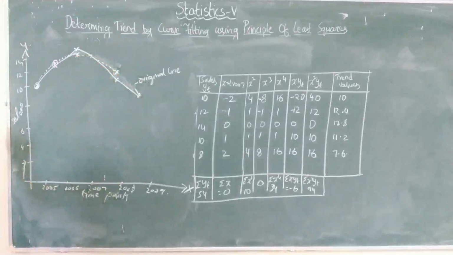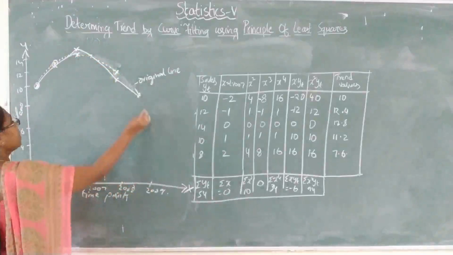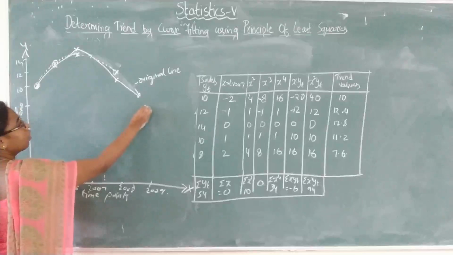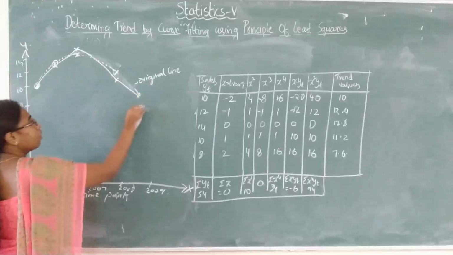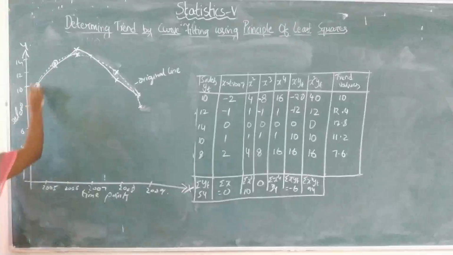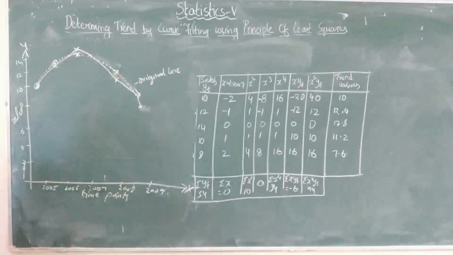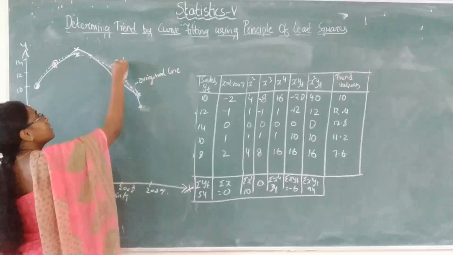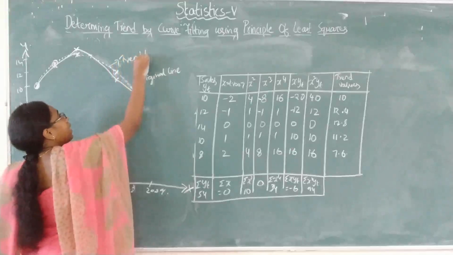And the last value is 7.6. Join it. So if you observe, you got the equation in the form of a graph. You have to get a parabola, so you get the parabola shape only. So this is the trend line.